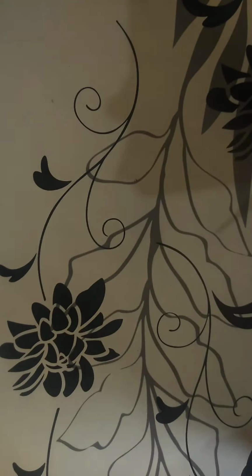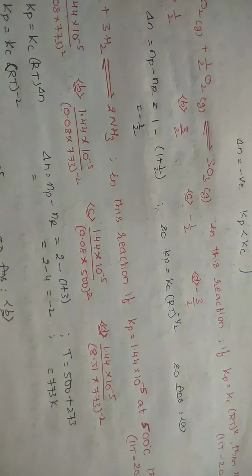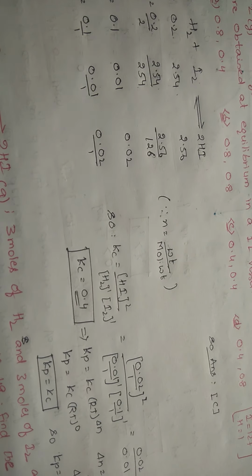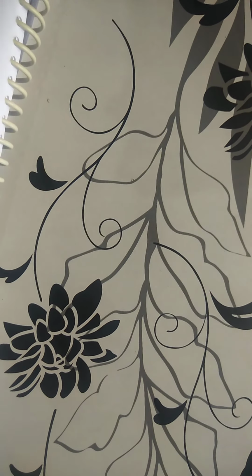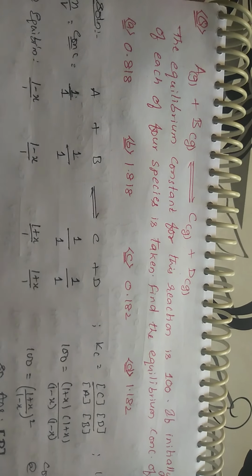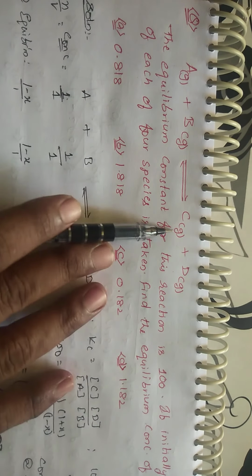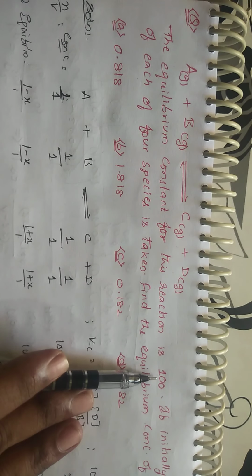Okay students, I have already said that yesterday we were solving some problems with respect to Kp and Kc. Take this question and solve the questions with respect to Kp and Kc only. A plus B converting to C plus D. The equilibrium constant for the reaction is 100.